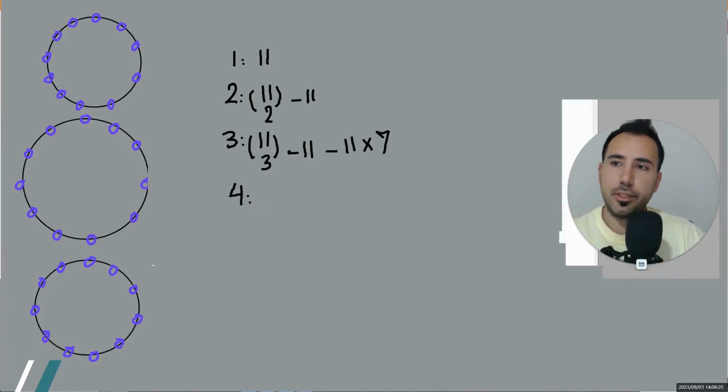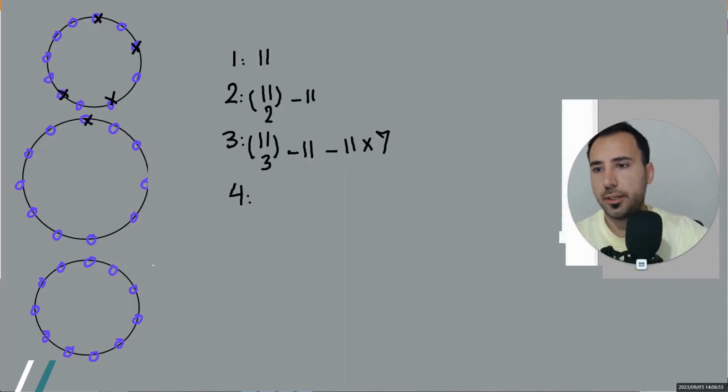What we're going to do here is see how many different ways we can put 4 black dots. One way would be 2, 2, 2, and 2.